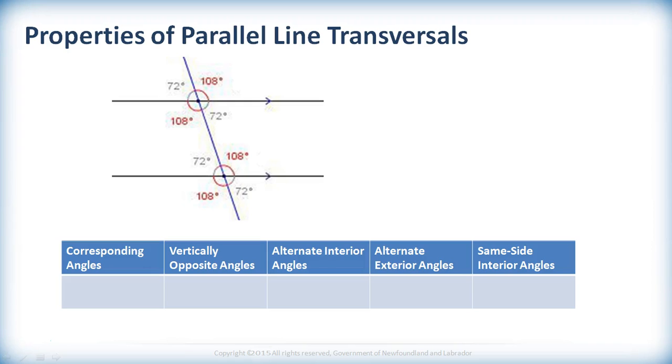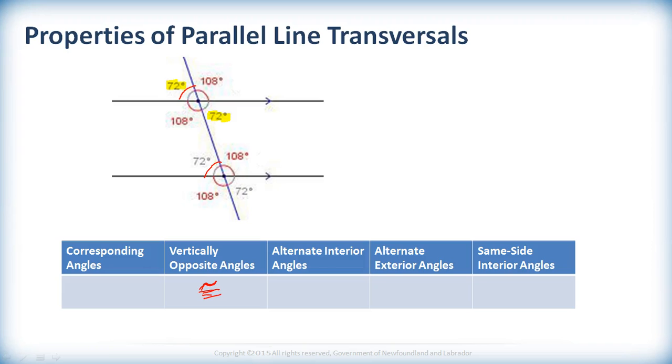So let's see. If I look at these two vertically opposite angles, I'm going to start with those because we've had those before. Vertically opposite angles are congruent or equal. The same sign that we use for approximately equal to sometimes is the sign we use for congruent. So we'll write that there. Corresponding angles, you'll notice, the corresponding angle for this one will be this angle right here.